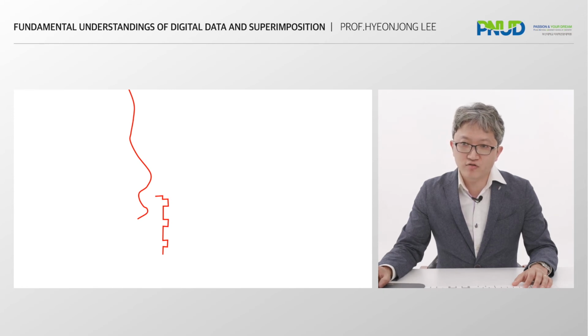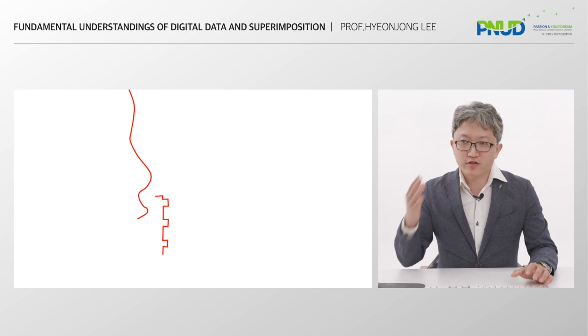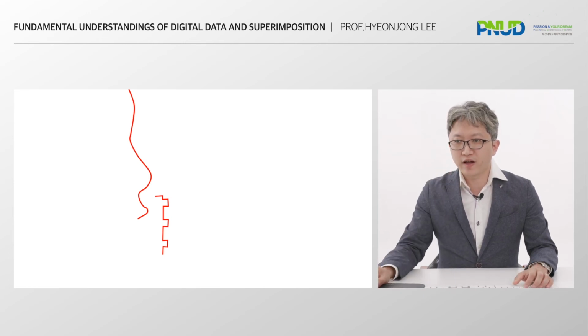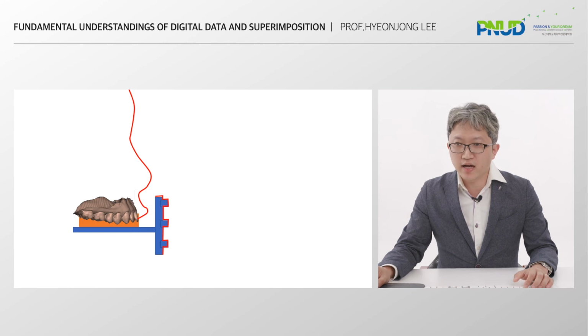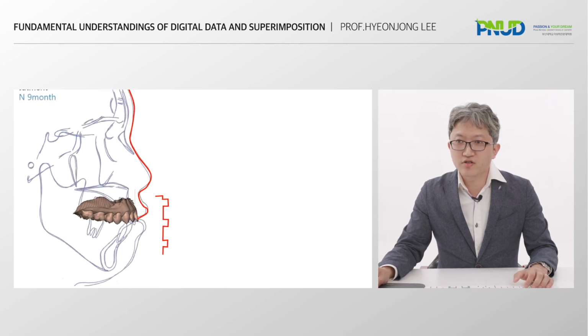So this area is the same as the whole facial scanned data, and this structure is the same as the jig which is connected to the intraoral area. This frame is for the outer surface, the facial scan, and this frame is for the inside surface, the intraoral. Using this frame, the upper model can be aligned like this, and using this surface, the facial scan can be aligned to this.